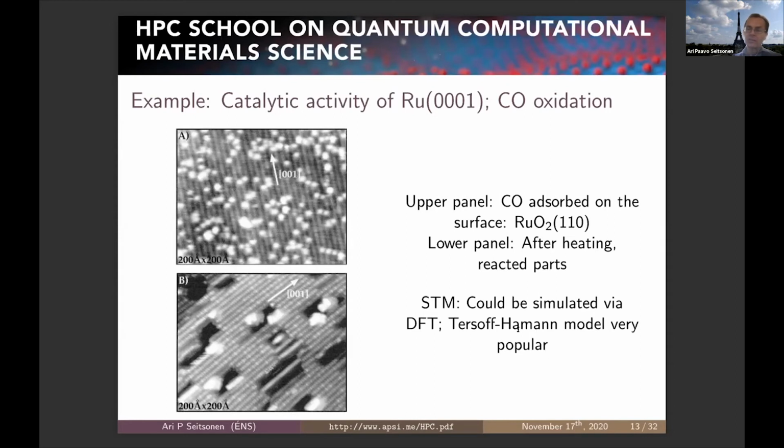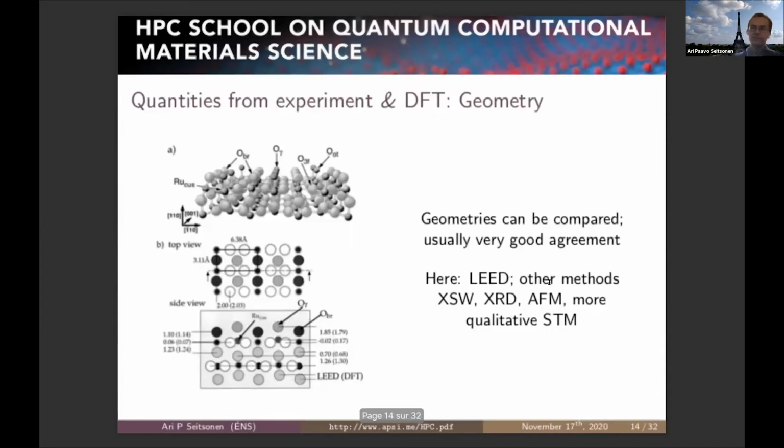In the DFT, one could also simulate this. I don't have an example here, but one could also simulate these STM images. The so-called Tersoff-Hamann model is the most popular model used. It's very simple, actually. It's just post-processing the output of the standard DFT calculations a little bit, and you can compare with the experiments.